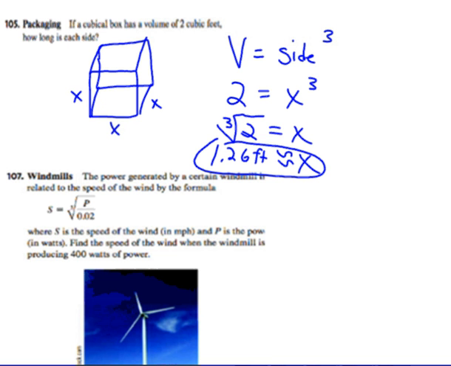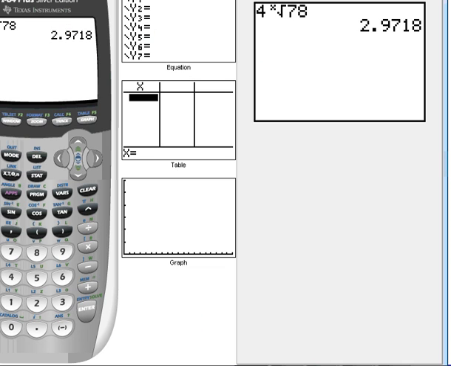So they're giving us P here. S equals the cube root of P, which they give me is 400, over 0.02. So we're going to put that on our calculator. We're going to hit math and 4 again, and then type 400 divided by 0.02, and close your parentheses there.